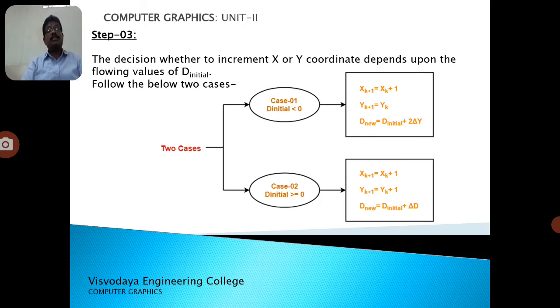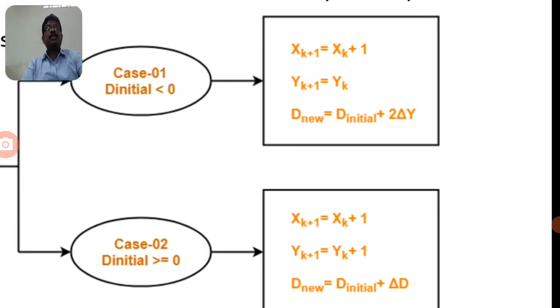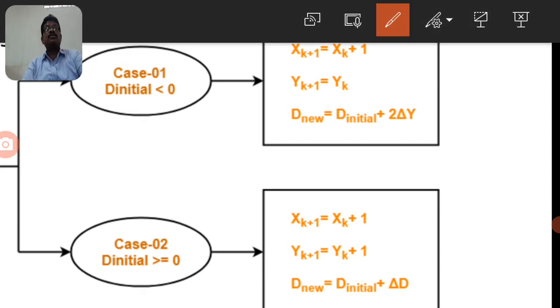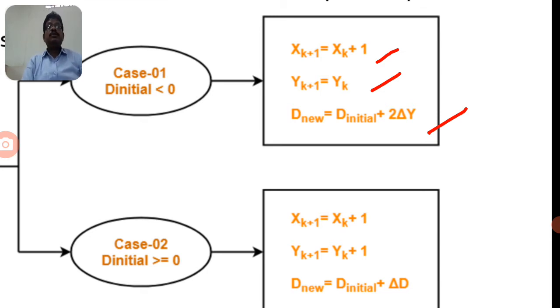In this first condition, the next coordinates are xk plus 1 equals xk plus 1, yk plus 1 equals yk, and the next decision parameter d new equals d initial plus 2 into delta y. So in case 1, the next coordinates are xk plus 1 and yk, and the d new value is d initial plus 2 into delta y.